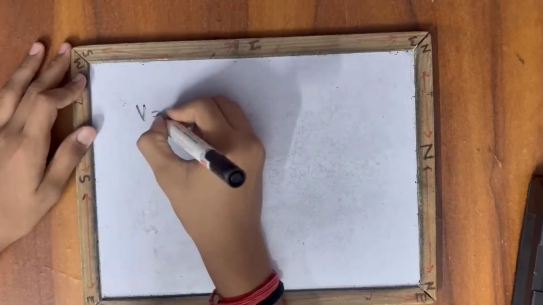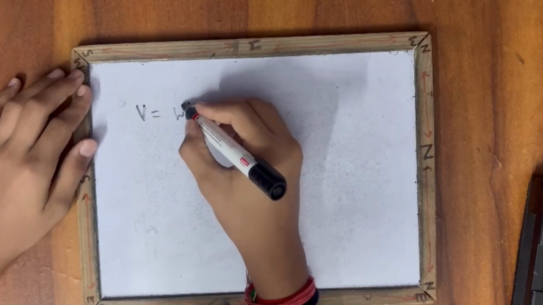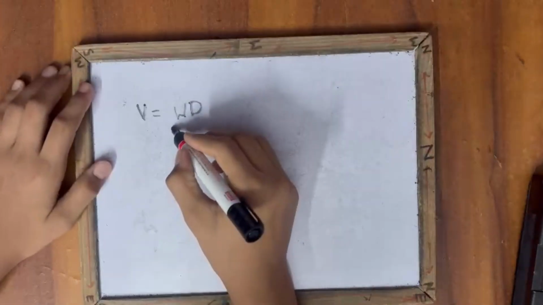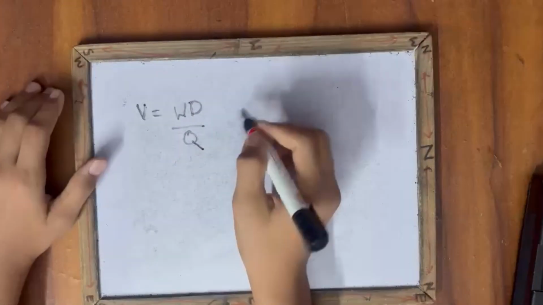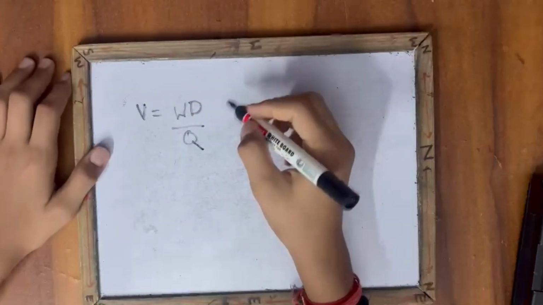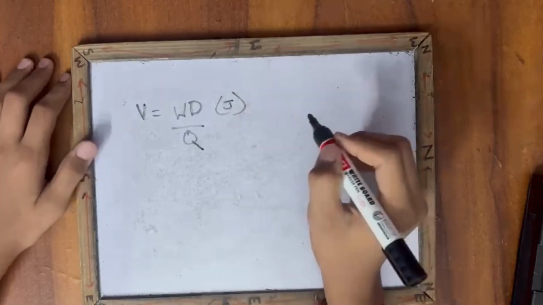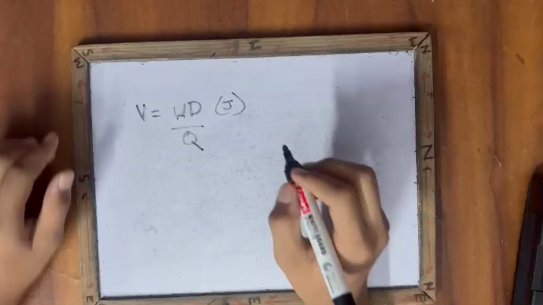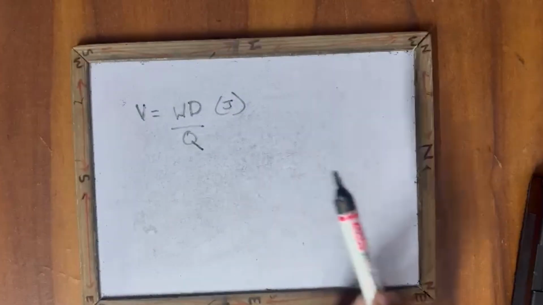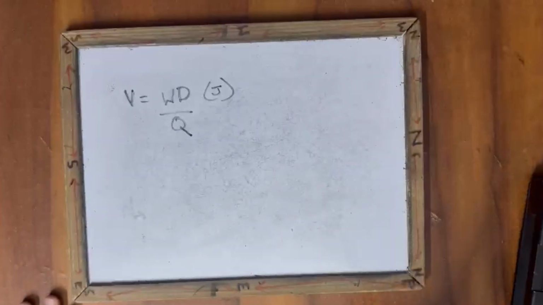Potential difference V equals work done upon Q, where Q is charge, and the unit is joule.